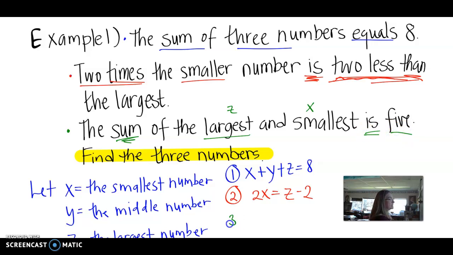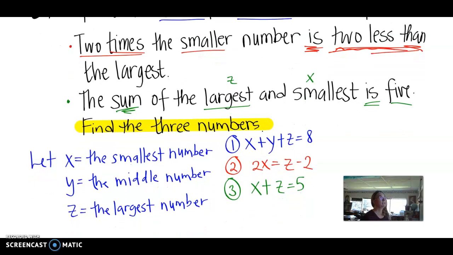So my third equation is x plus z is equal to 5. And then you can solve that system of equations. I'll do this one, but I'm not going to solve all of the systems. Hopefully you have that down from the previous videos and classes.